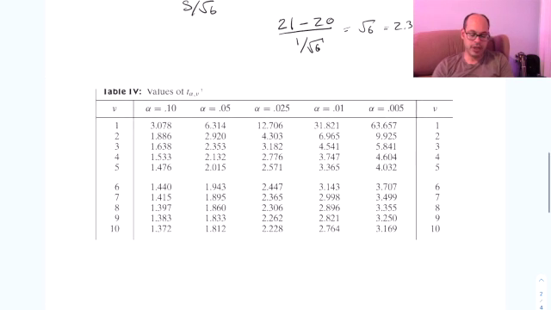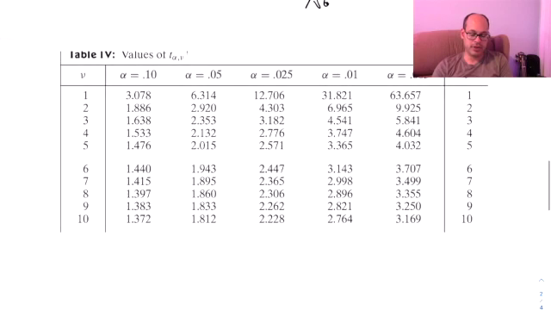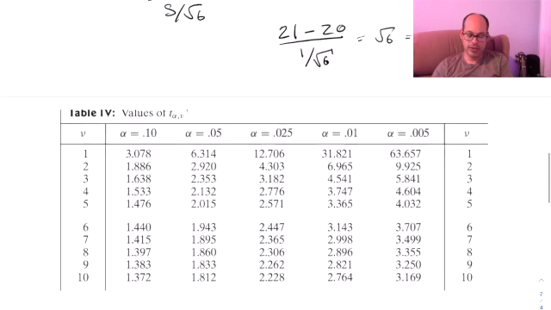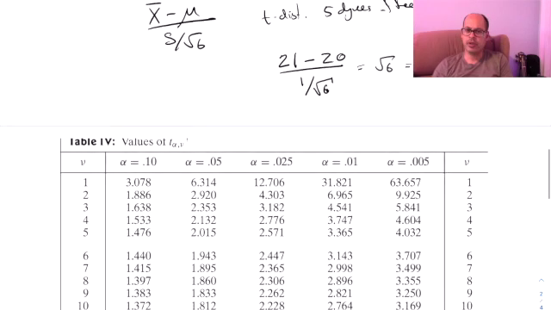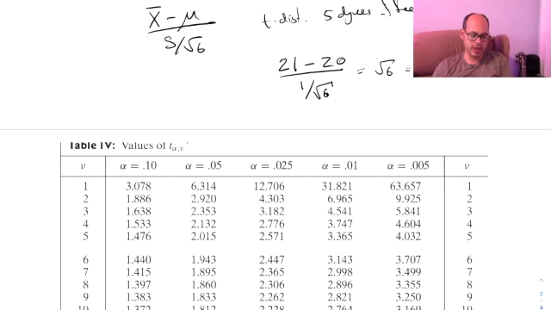So here's a table for values of the t-distribution. What we can see here is that if we are about 2.3 out, so really, what are we saying? How do we read this chart?